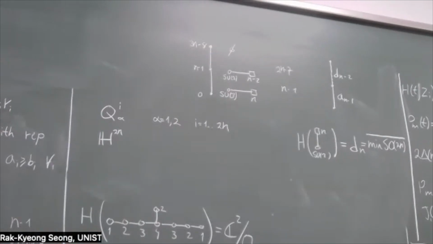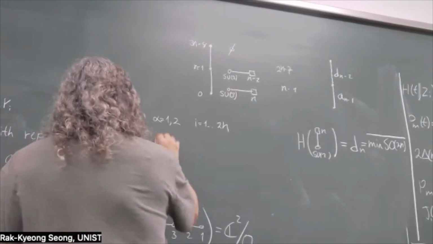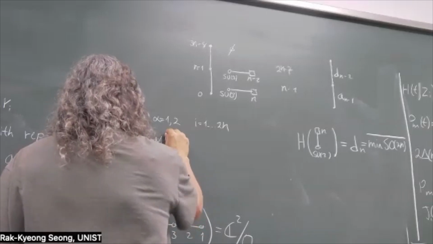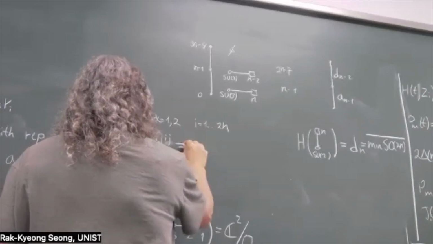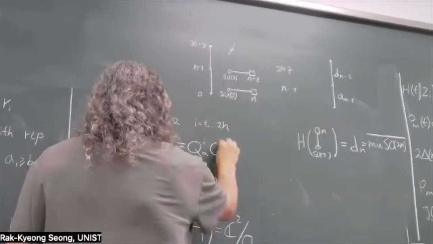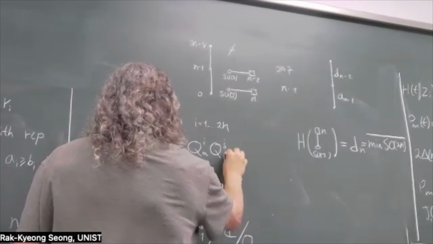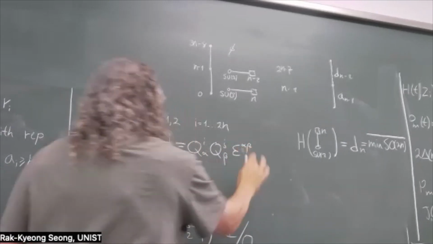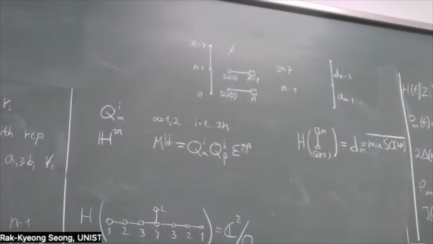Okay. Now I write down a gauge invariant matrix, M_ij. It's bilinear, and I contract with the invariant tensor of Sp(1), SU2. So I get a 2n by 2n matrix, which is antisymmetric.